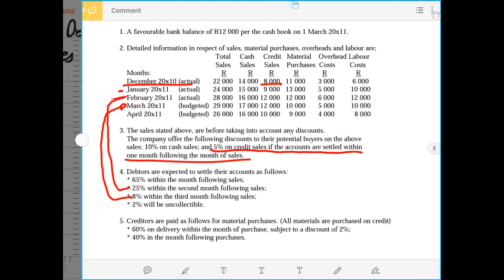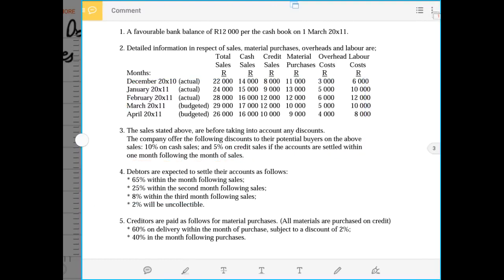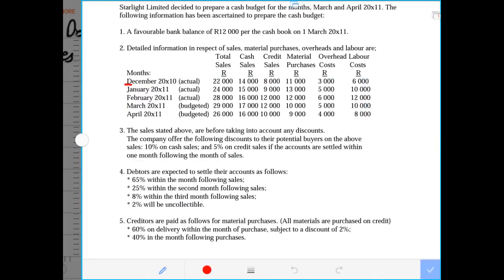Let me just repeat that in case I lost you. It's very important. Remember, we are doing debtors collection for the sales that we made in December, when we sold inventory on credit valued at the selling price of 8,000.